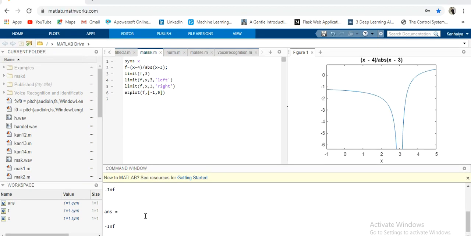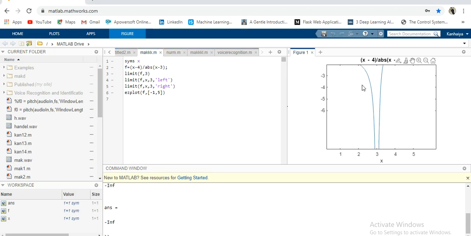Look, this is the answer. At 3 it is giving minus infinity for the left and minus infinity for the right. That means its left hand limit and right hand limit are both equal, and this is its ezplot. This is continuous, it is not discontinuous.